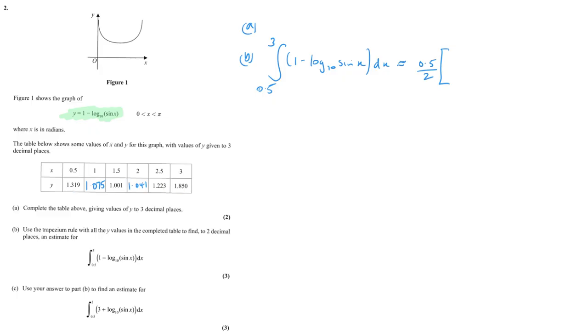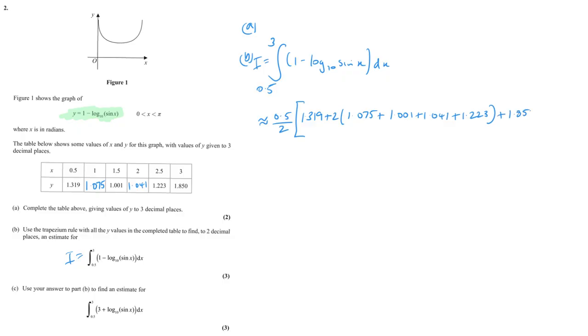So 1.319 plus 2 lots of all the values in between. So 1.075 plus, I'll just make a little bit of room here, 1.001, 1.041 and 1.223, and then plus the end value 1.850.